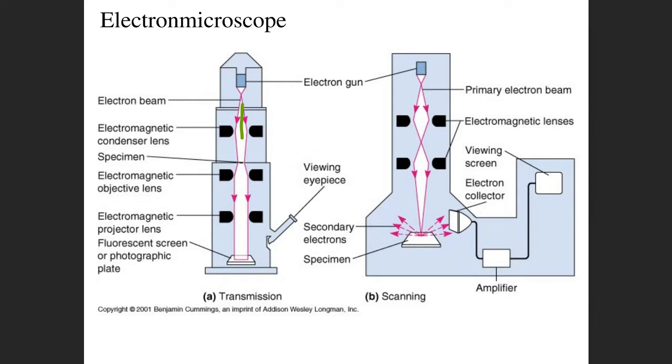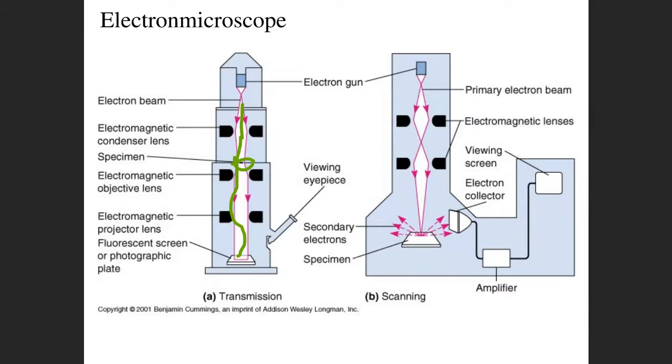You see these red arrows indicating the electron beams, and the sample is here. In this case it is transmission, meaning the electron beams really go through and then hit the sensor. I'm sorry, this should be a straight line.